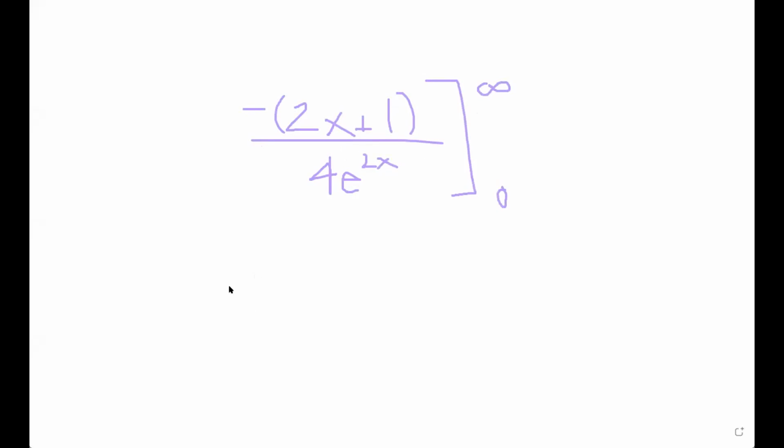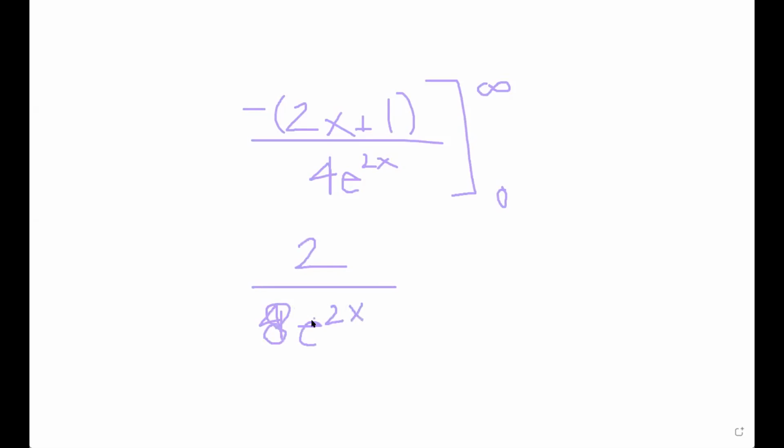Well, the numerator will give you infinity, and the denominator will also give you infinity. Right. So I did L'Hopital. Yep. And got 2 over 4, or in this case 8e to the 2x.